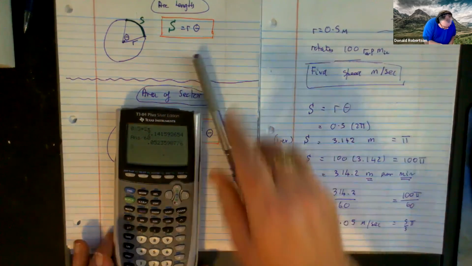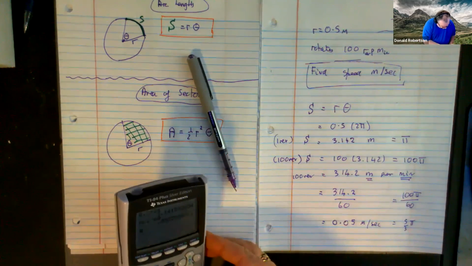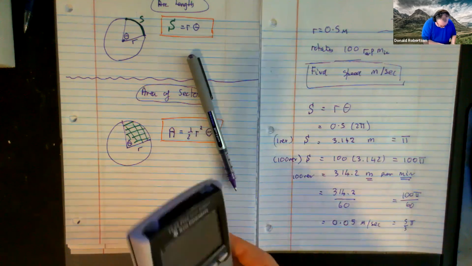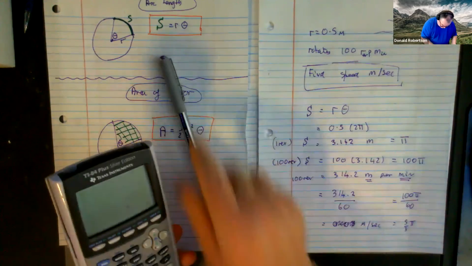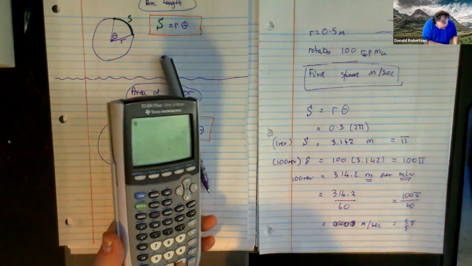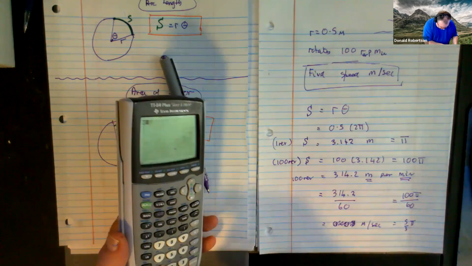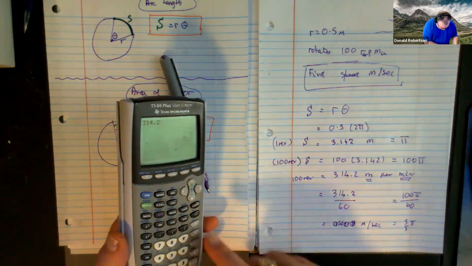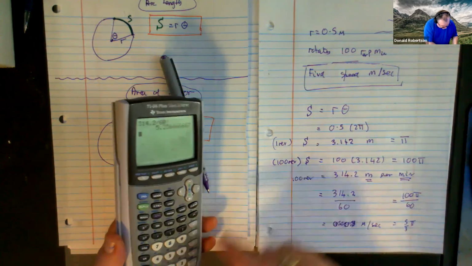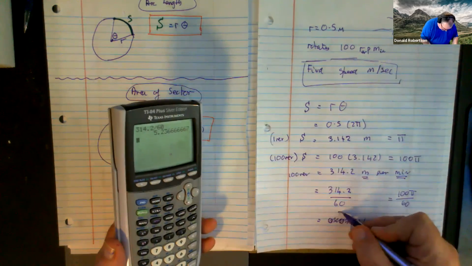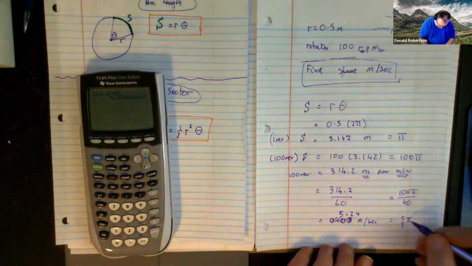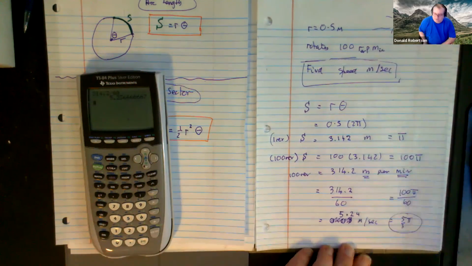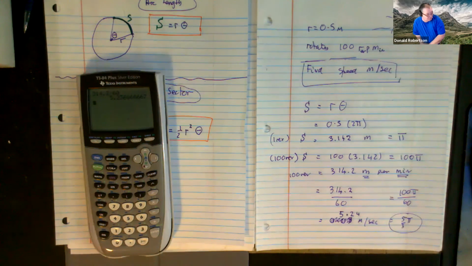Something's not right here. And I can now fix it. That's not the calculation I just did. It's 314.2 divided by 60. There we go, that's much nicer looking. About 5.24 meters per second. Or if you want the exact value, 5/3 of a pi.